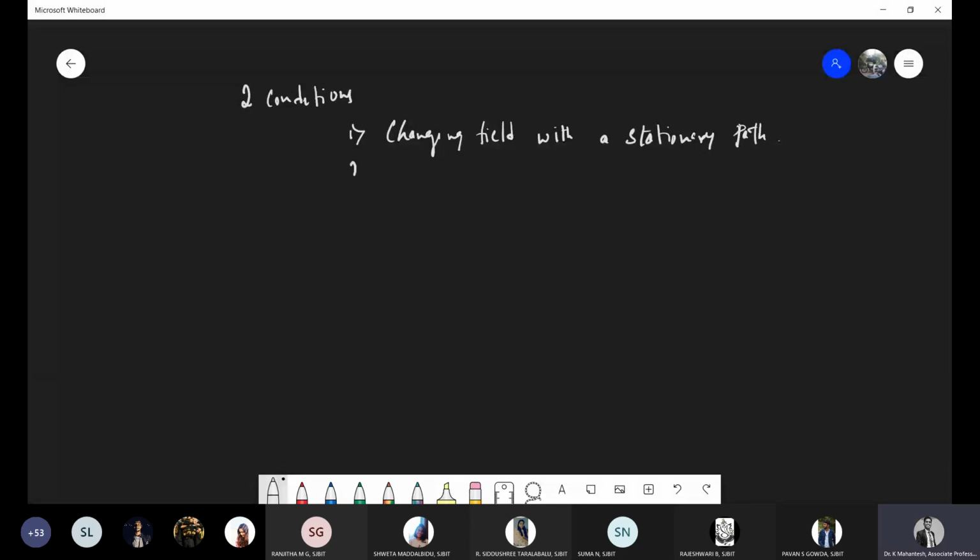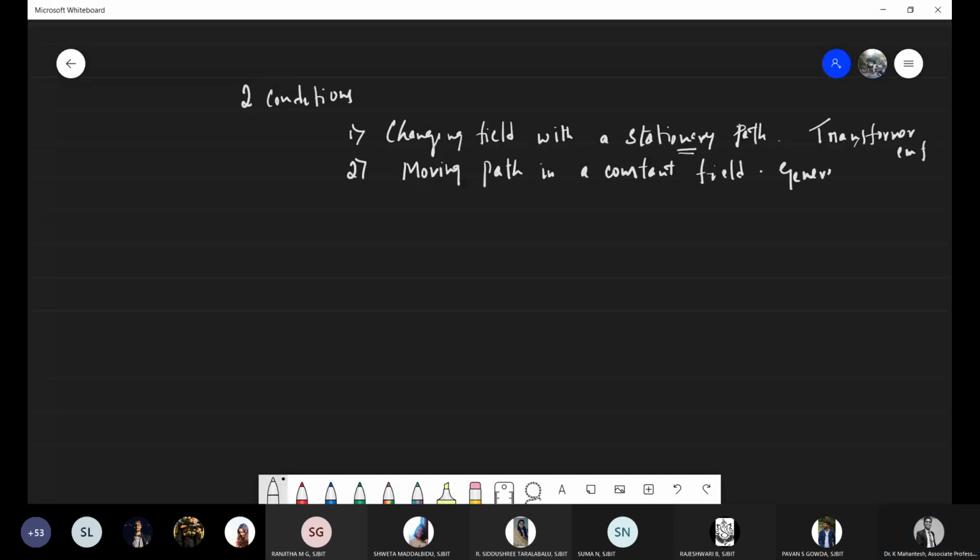And the other one is moving paths. Here the path was stationary; now the path started moving, a path in a constant field. You call the EMF induced in the first case transformer EMF, and the EMF induced due to this principle you call generator EMF.